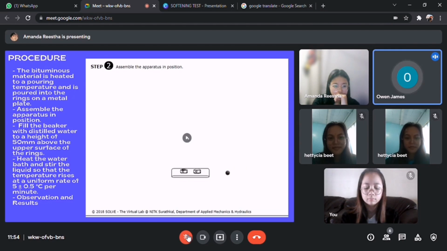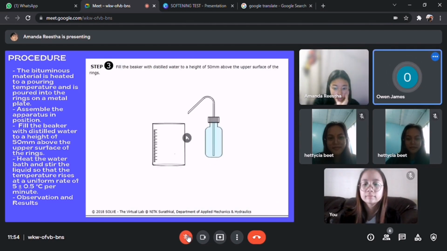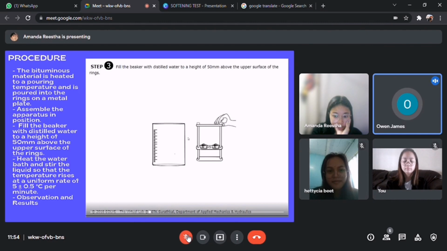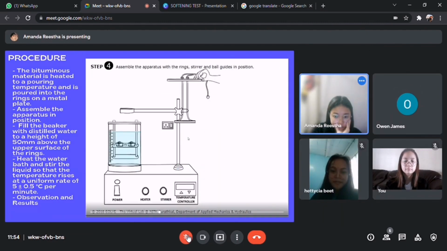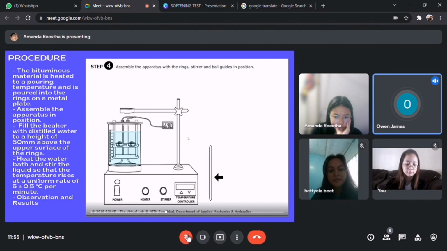Step 2. Assemble the apparatus in position. First, fill the beaker with distilled water to a height of 50 mm above the upper surface of the ring. Assemble the apparatus with ring, stirrer and ball guide in position.